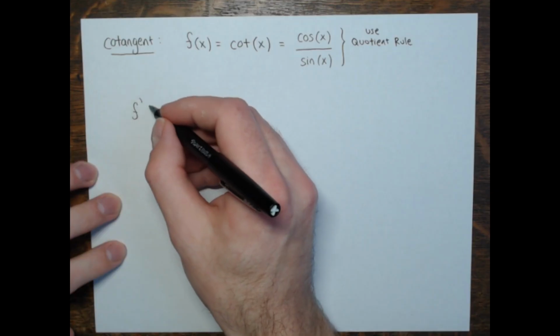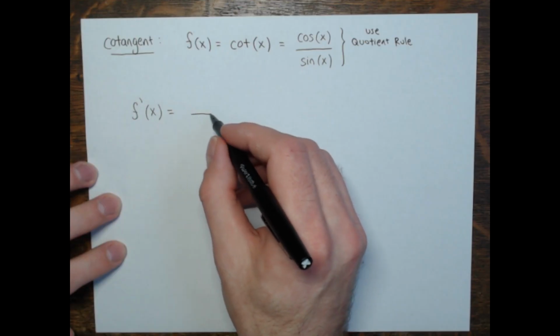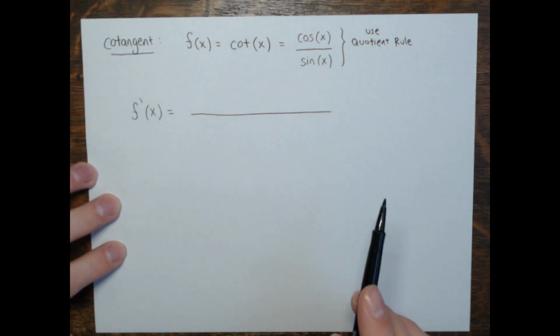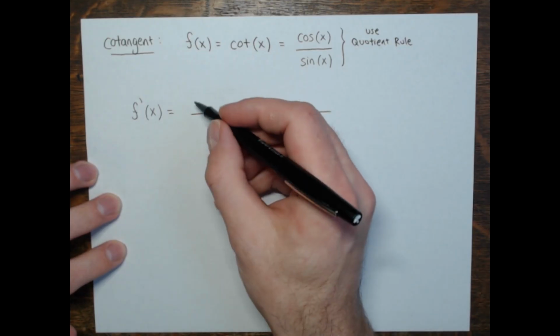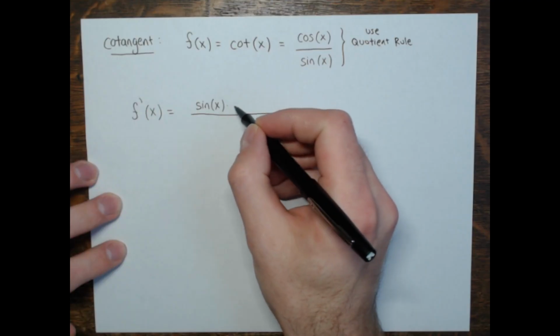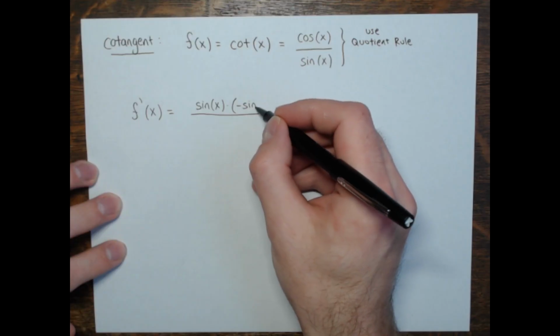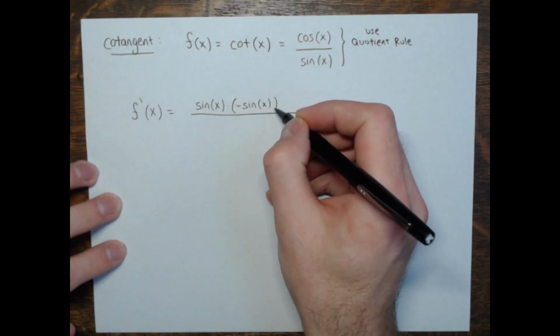All right, so f prime here, our derivative of the cotangent function. Using the quotient rule, the denominator times the derivative of the numerator is the opposite of sine, or negative sine.